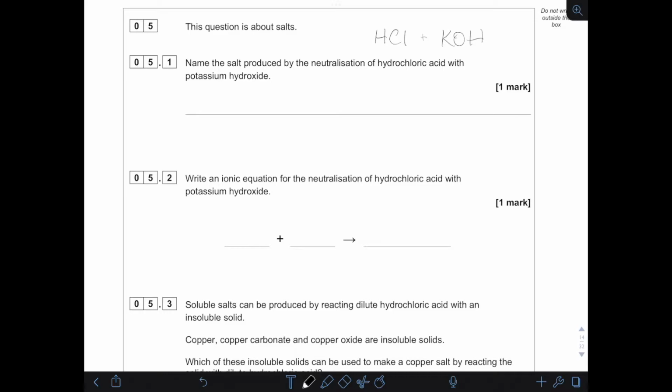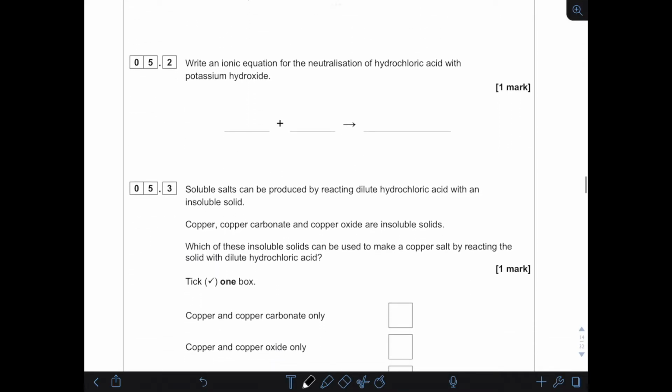So we know that neutralization makes water, and if we take H2O out of the equation, we have KCl, and the name of the salt is not KCl, it is potassium chloride. Potassium chloride is the name, not KCl. I don't know if they would give you marks for KCl, to be honest. I wouldn't, because that's not the name, but maybe I'm harsh.